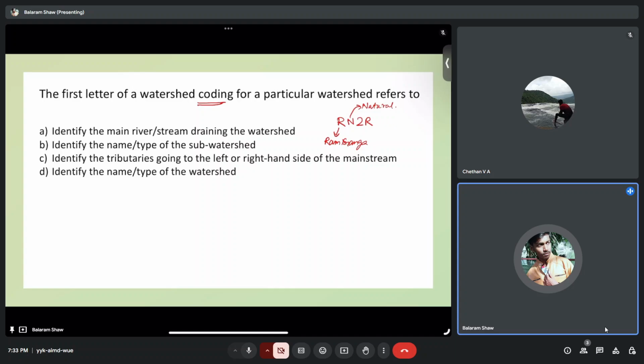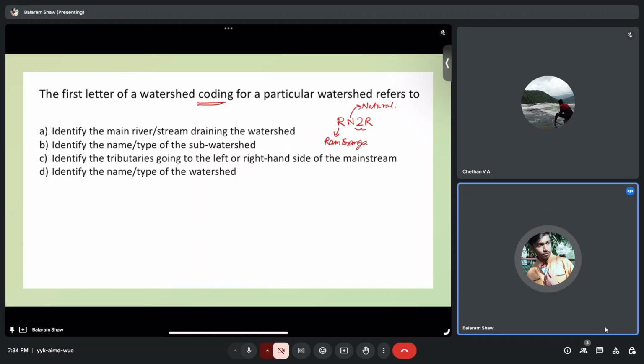If it is a natural subcatchment, then it will be N. Now, third, you will see there is a digit. The digits of the watersheds delineated within the sub watershed are used. So here we have two sub watersheds, let's say. And the last is R.